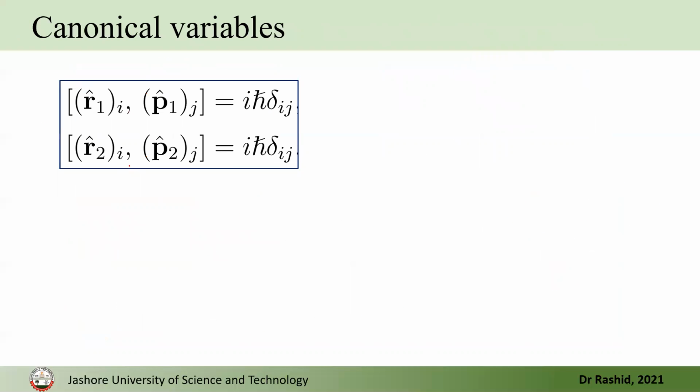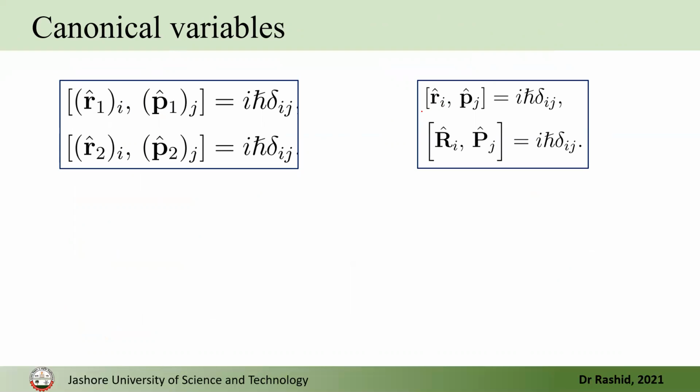Now, we started with these canonical variables, and we have now this other pair of canonical variables: small r and capital R, small p and capital P. They also satisfy the canonical commutator. We can check this by taking the x component for r, that would be x equals x1 minus x2.